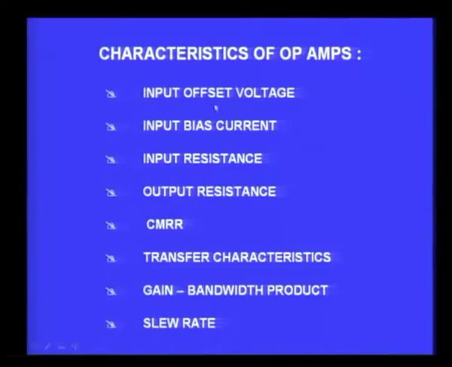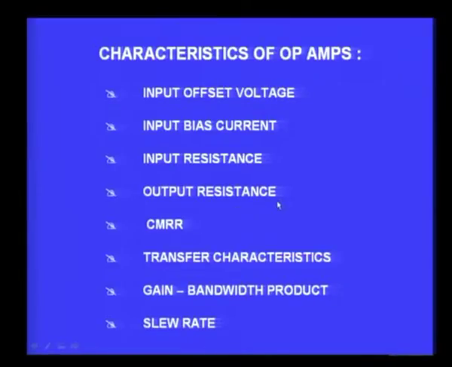You can see the input offset voltage, input bias current, input resistance, output resistance, common mode rejection ratio, what is known as CMRR. Then there is the transfer characteristics, then gain bandwidth product, slew rate.